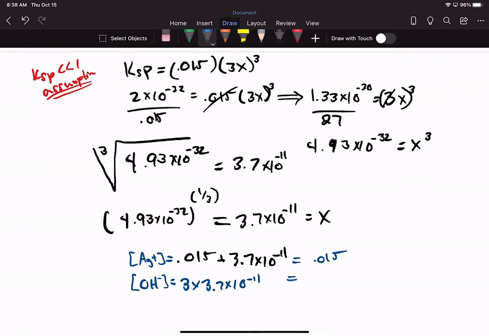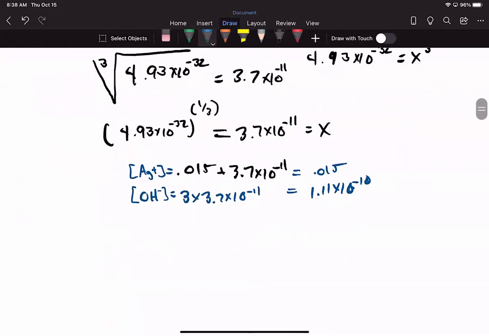Our concentration of hydroxide, 3 times 3.7 times 10 to the negative 11. Right? Could we figure out pH from this? Yes, we could figure out pH from this. Absolutely. We have that concentration available to us.